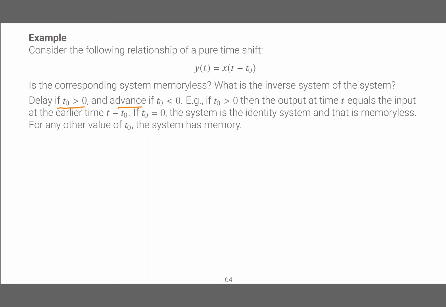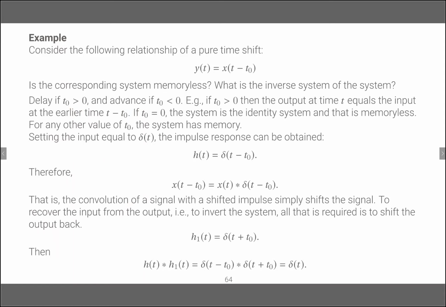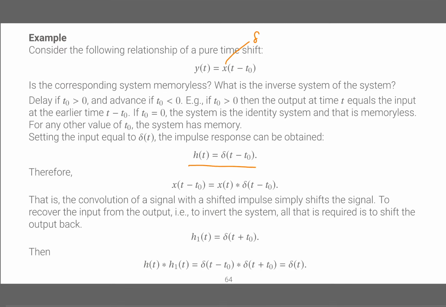Setting the input equal to delta(t), the impulse response can be obtained like this. Instead of x we put delta, then we get the impulse response. So if you input delta(t) to the system instead of x(t), the output that you get instead of y(t) is actually h(t).